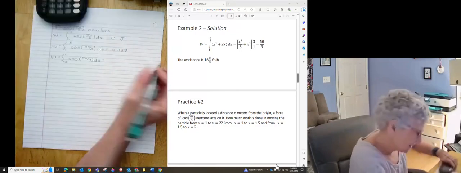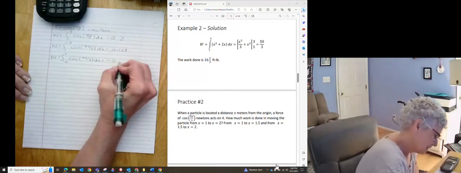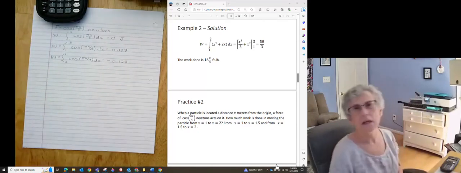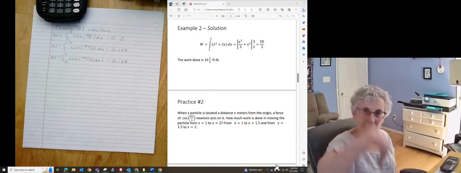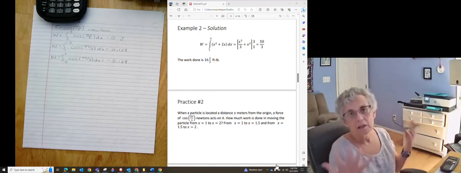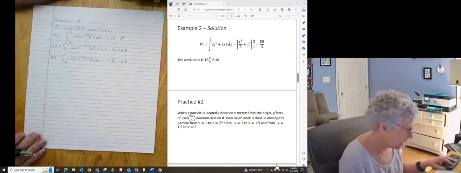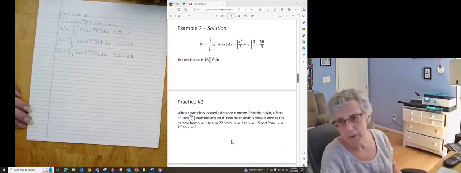It's negative 0.128, because what does cosine do? It oscillates. So it has moved up and it has moved back down, so it has undone the work that it did. That happens.